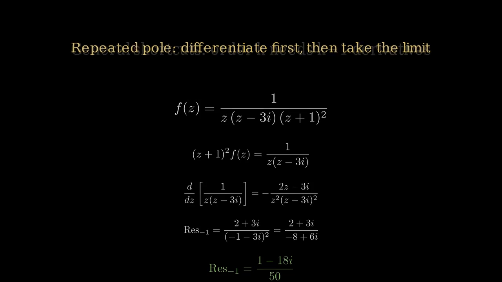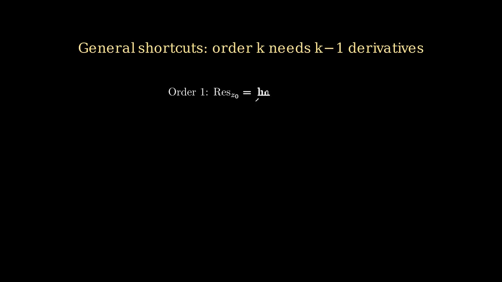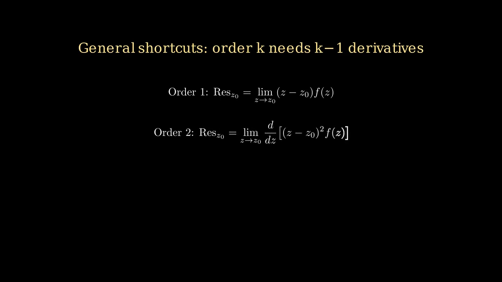The general shortcut formulas, memorize these. For a simple pole, order 1, multiply the function by z minus z naught and take the limit as z approaches z naught. For a pole of order 2, multiply by the quantity z minus z naught squared, differentiate once, then take the limit.